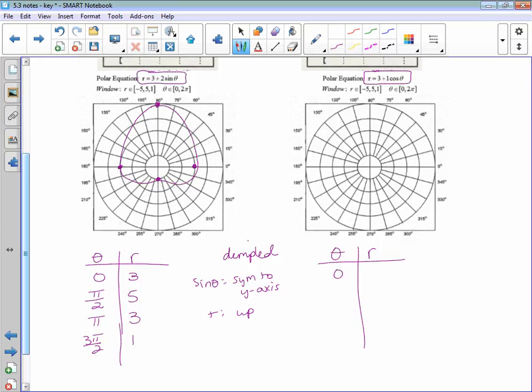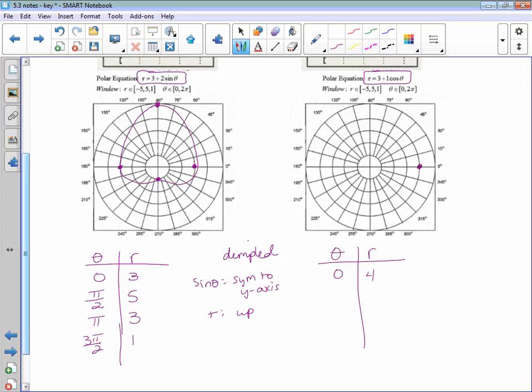And just looking at it, what axis is it going to be symmetric to? X. Do you think it's going to be mostly on the right or the left? Right, good. Okay, if I plug a 0 in, what do I get? 4, good.